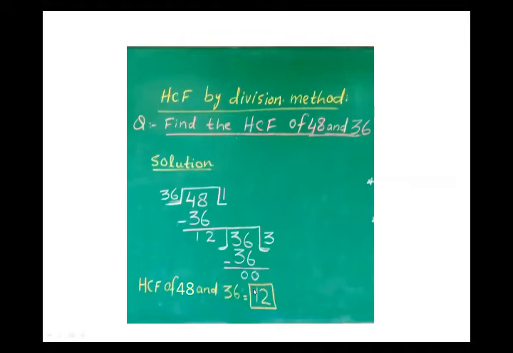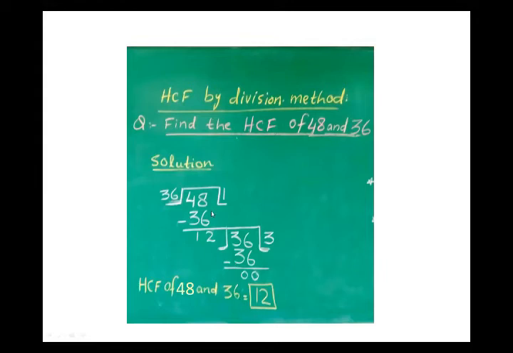The method stops when the remainder is 0, and the divisor which divides the dividend completely, with no remainder, is called the HCF of these two numbers.